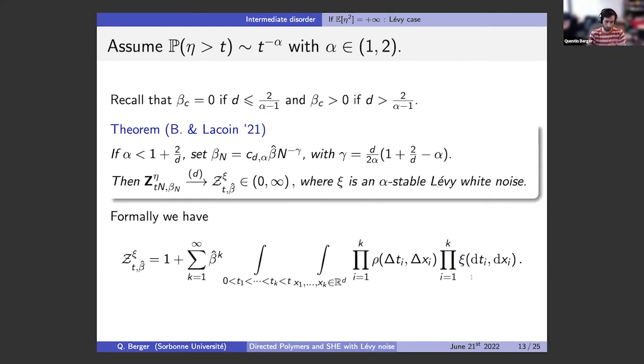And it's a bit more complicated because you have to somehow exchange limits. But here is more or less the same idea as I explained before. Here we start from a discrete model, and we show that it converges, and we show that the limit we obtain is the solution of the stochastic heat equation with some noise which has no finite second moment.